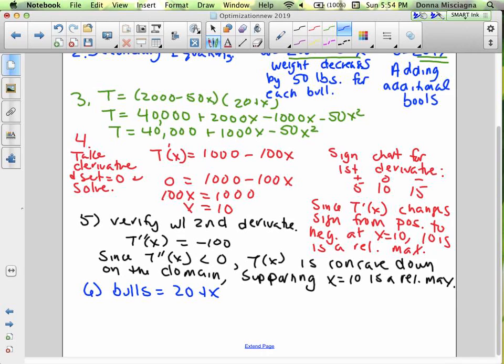So we need to have 10 more bulls, so that would be 20 plus 10, or 30. So 30 bulls maximizes the total market weight.